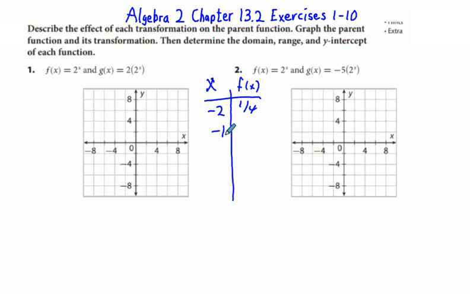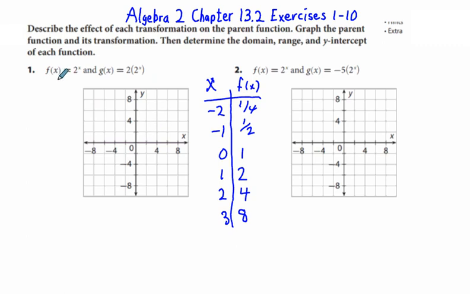For -1, we have 1/2 as an output. For 0, which is where we have our y-intercept, we have 1. For an input of 1, we have an output of 2. For an input of 2, we have an output of 2 squared, which is 4. And then for 3, we have 8, since 2 cubed is 8. So we know that far.